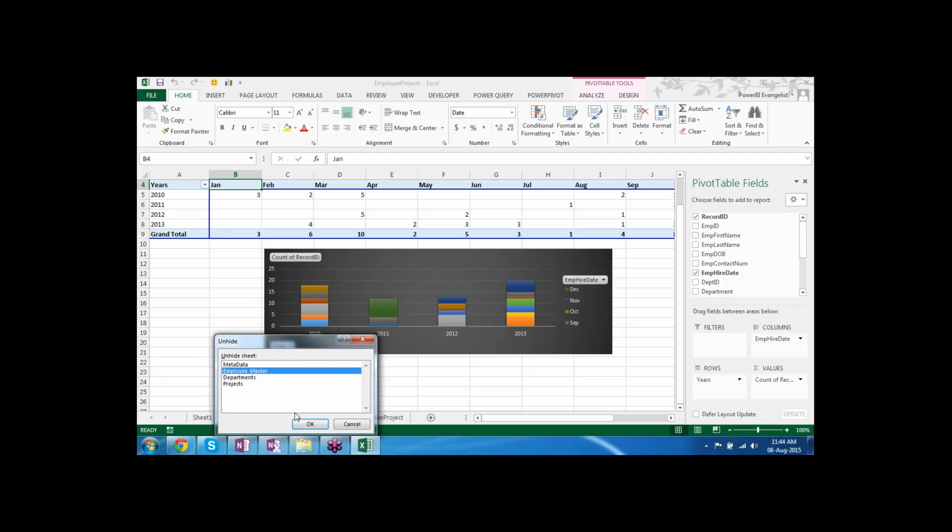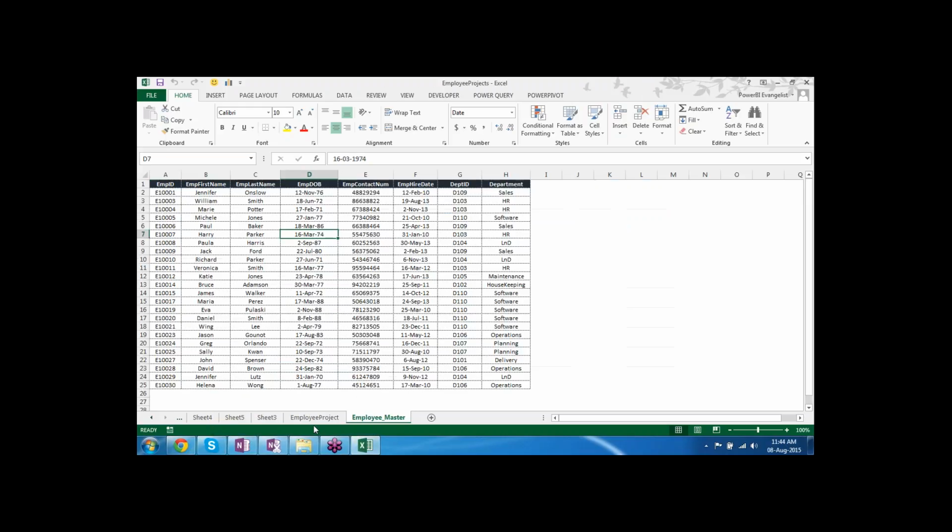So if you click on that employee master and say okay, you will see that this is the output that is there. So first name, last name, date of birth, contact number. We just wanted to do some instant work on this particular data.